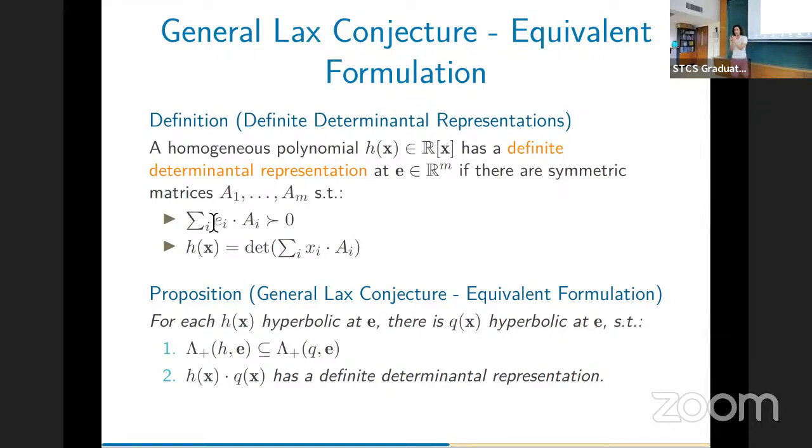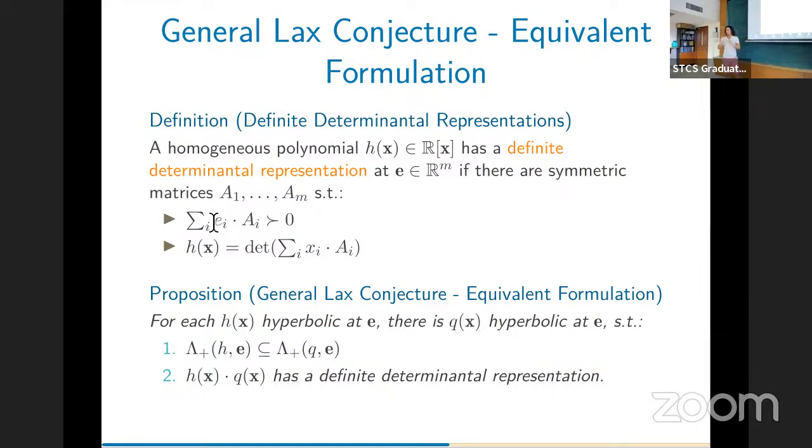It's because when you multiply them, the hyperbolicity cone you get is still the hyperbolicity cone of H, so you're preserving it. And H times Q has a definite determinant representation. So this is an equivalent description of the Lax conjecture.